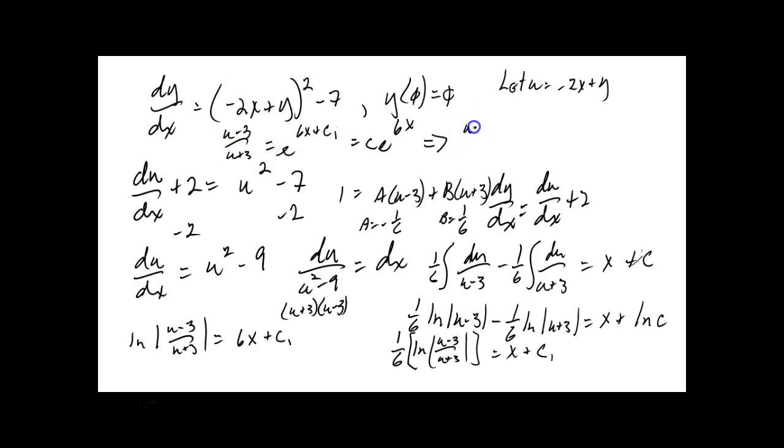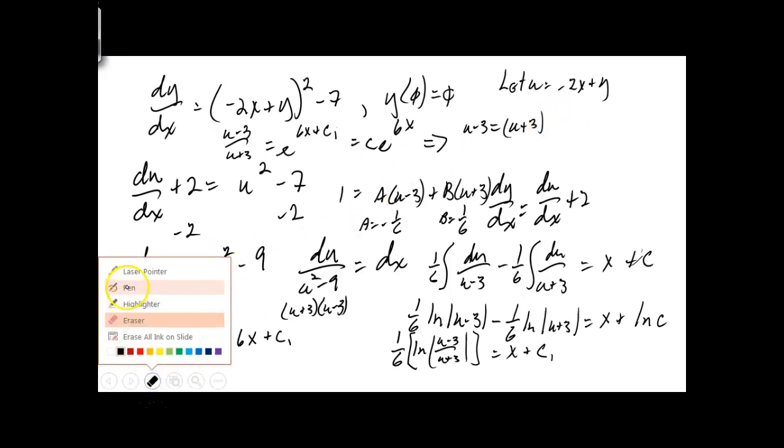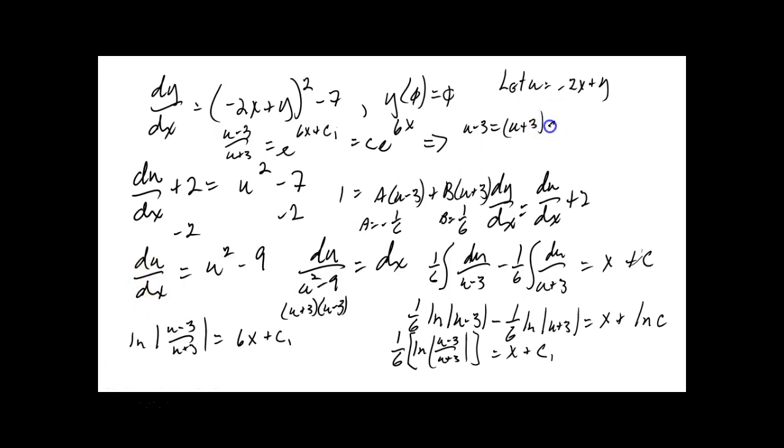So you have u minus 3 is equal to u plus 3 times c e to the 6x. Okay?